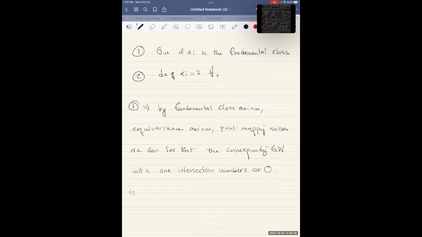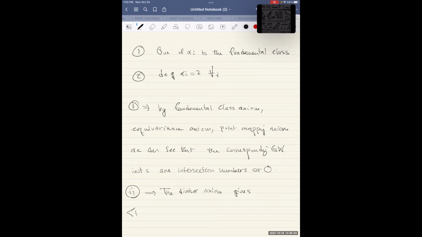Okay, for part 2, if that's the assumption, if the degrees of all of them are 2, that means all of them are divisor classes, then we use the divisor axiom. So the divisor axiom gives the following.